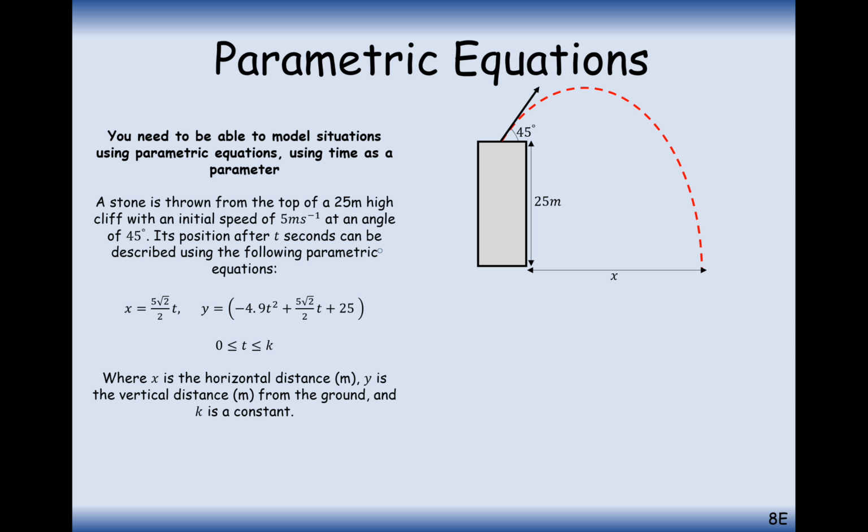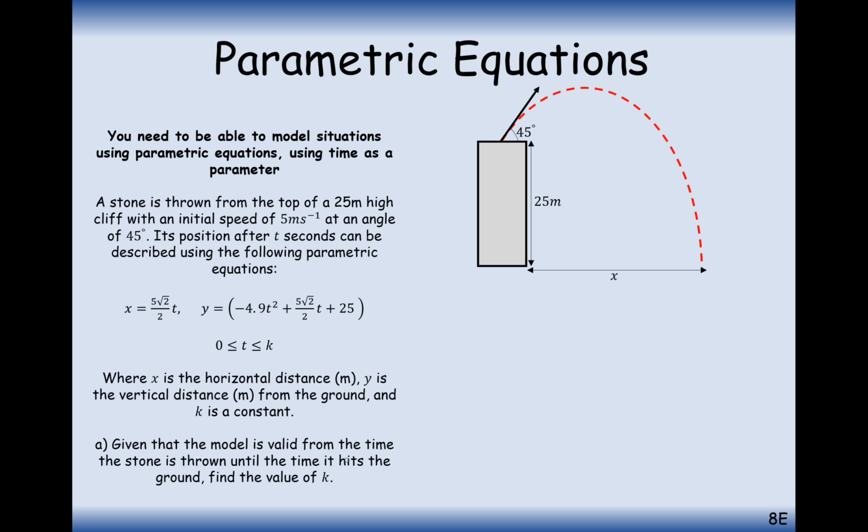Its position after t seconds can be described using the following parametric equations. x equals 5 root 2 over 2 times t, and y equals minus 4.9 t squared plus 5 root 2 over 2 t plus 25. x here is the horizontal distance and y is the vertical distance from the ground.